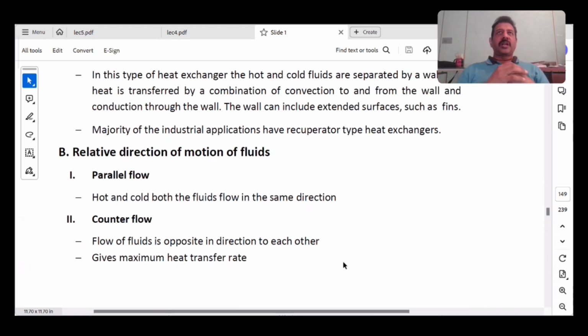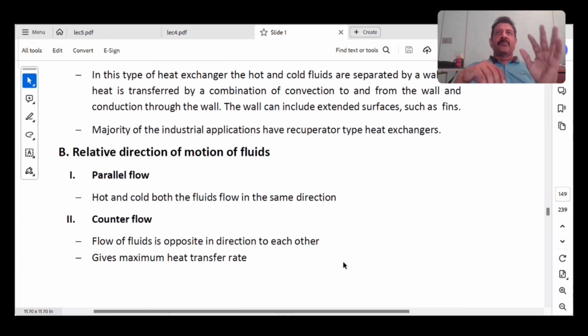So heat exchangers are classified based on how the heat is transferred between the hot fluid and the cold fluid in three ways. One is direct contact, where direct mixing of hot fluid and the cold fluid happens. Next is the regenerators, where you have a storage matrix.